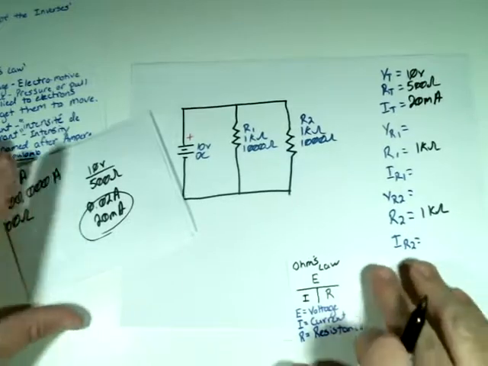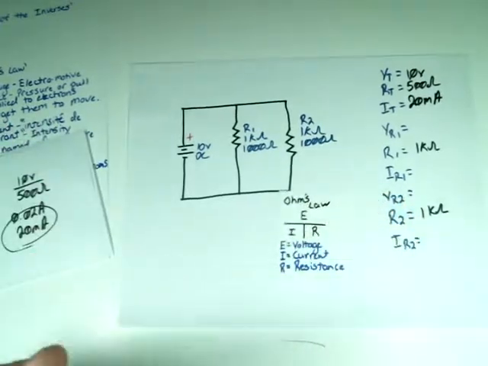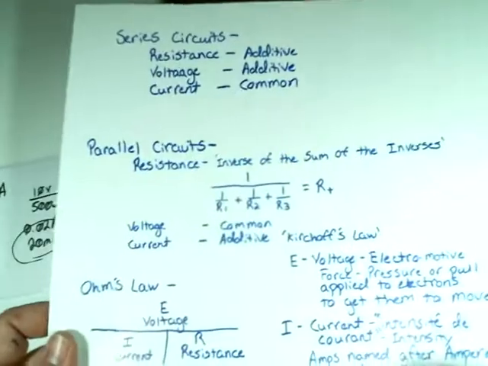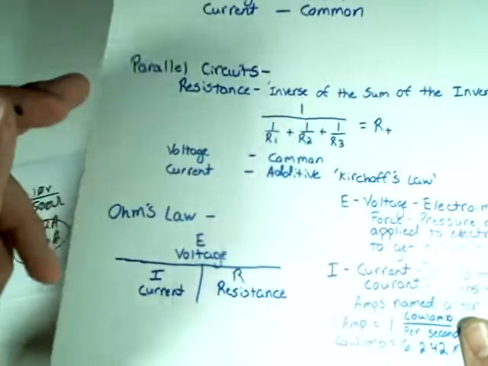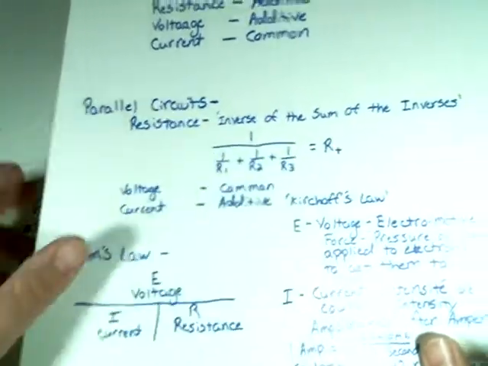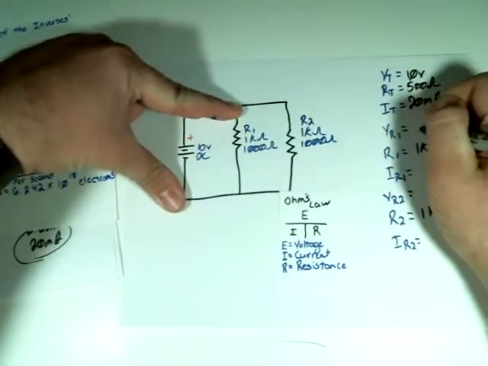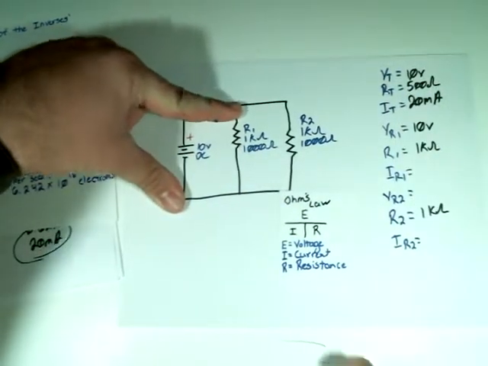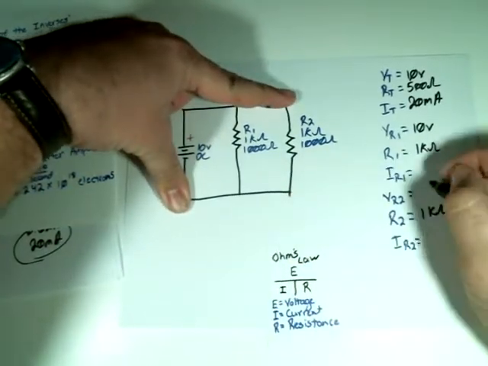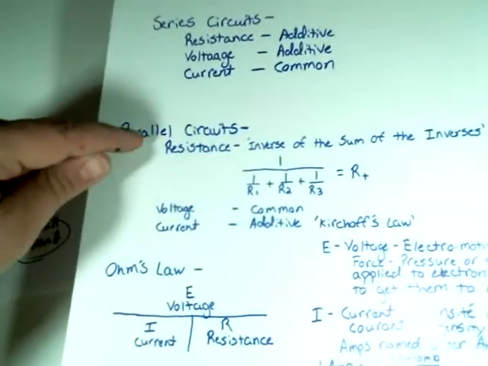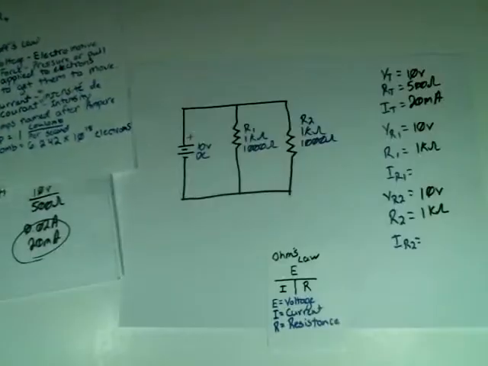All right. So now we want to find the voltage and the current going through R1. Okay. Well, if you remember from this chart, in a parallel circuit, voltage is common. So we know the voltage across R1 is 10 volts, and the voltage across R2 is 10 volts, because again, from our chart, in parallel circuits, voltage is common.